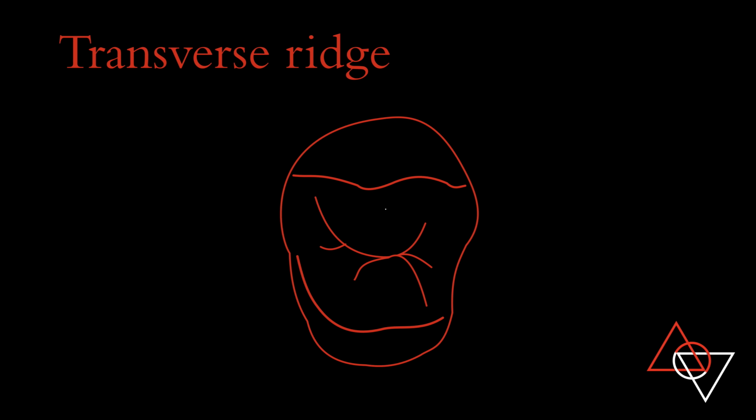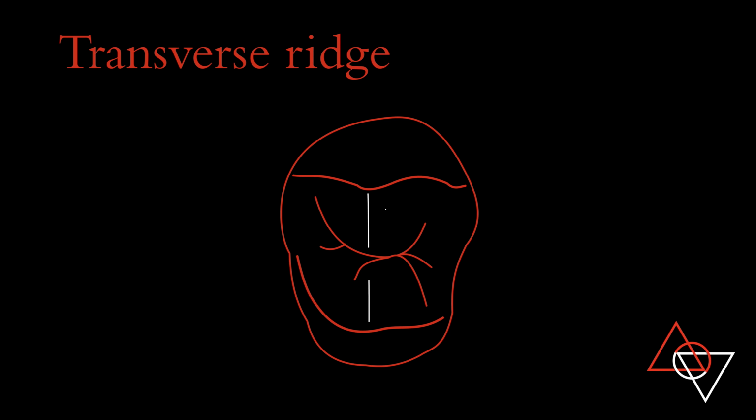Now there's one more ridge that I want to talk about, and it's called a transverse ridge. A transverse ridge is a ridge that crosses the occlusal surface more or less in a buccolingual direction. So that would be the occlusal ridge of the facial cusp and the occlusal ridge of the oral cusp of this tooth.